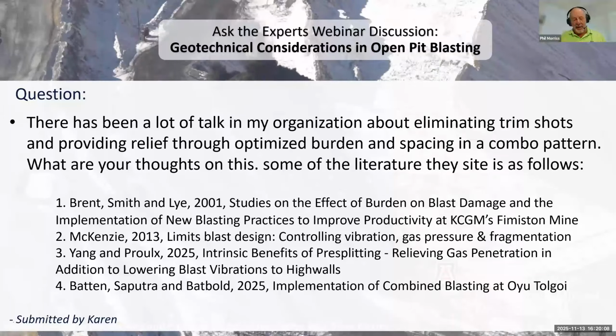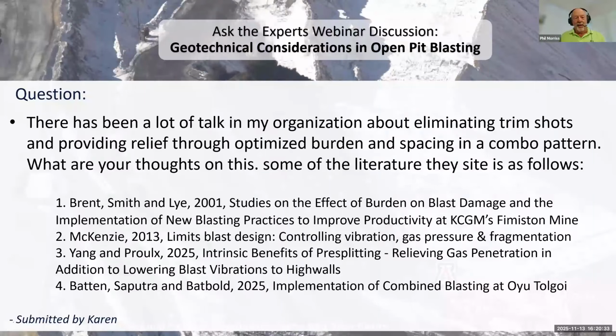But if you don't actually measure what you're doing on a routine basis and see if the reality agrees with the theory, then what we find is, and I think the free face thing is an absolute classic, that you end up pouring energy back towards the wall. And I've seen some really bad outcomes from getting rid of trim shots.